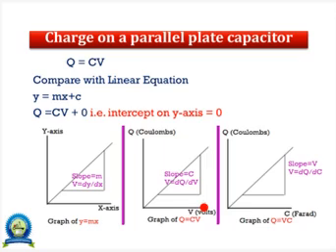With this, the slope of this graph will be C, because C corresponds to m, the slope, in these equations. And so the slope of this graph is equal to C, which is the capacitance of this capacitor.